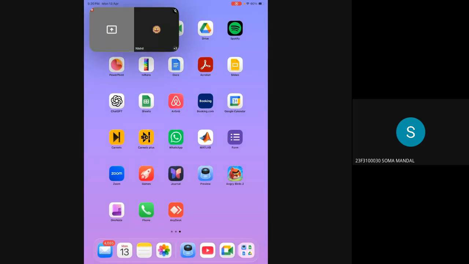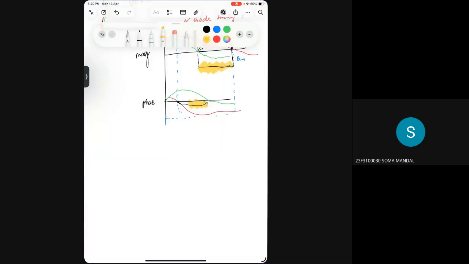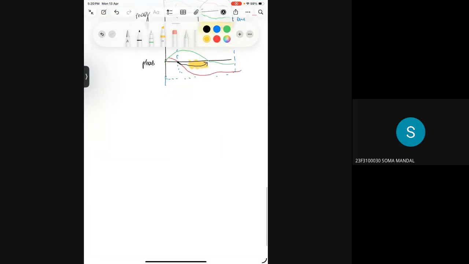Okay, fine. So that's why we are using all this compensator design and all.